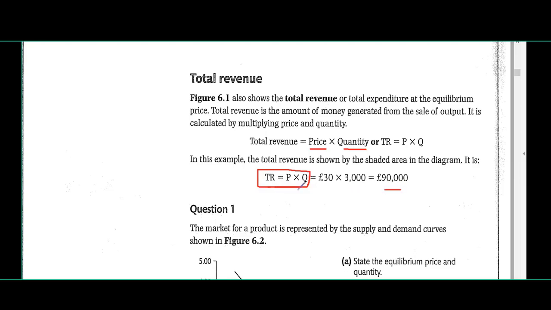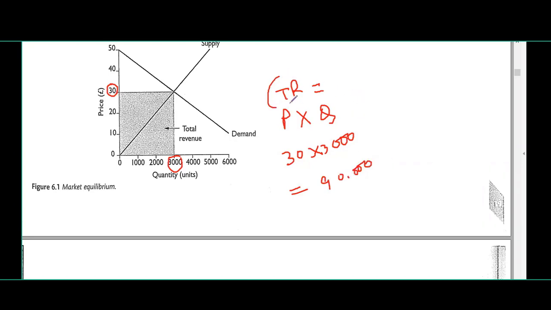So in that diagram, our equilibrium price was 30. We know the formula, price multiplied by quantity, for total revenue. So price is 30 and equilibrium quantity is 3000. So 30 multiplied by 3000 will give us the total revenue.